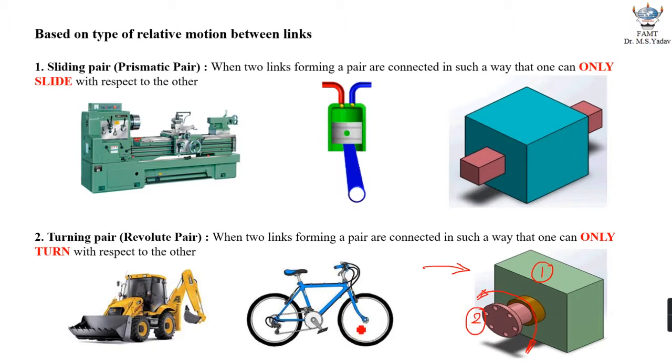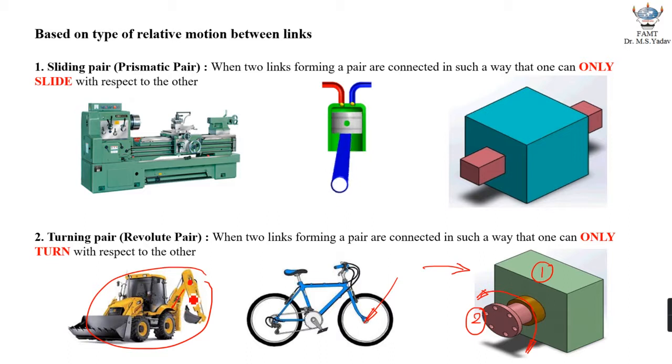Now one more practical example of this one is the axle of a bicycle or a bike right over here. So this bike wheel turns with respect to the axle. Only turning motion is possible. You can even think of this practical example, which is a JCB, where different arms are pinned to each other.